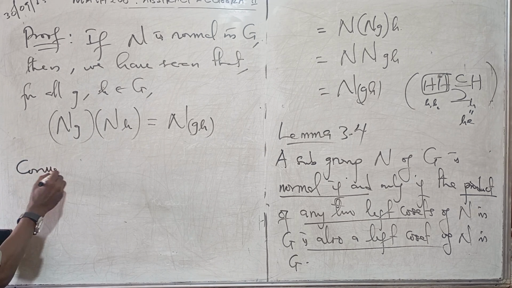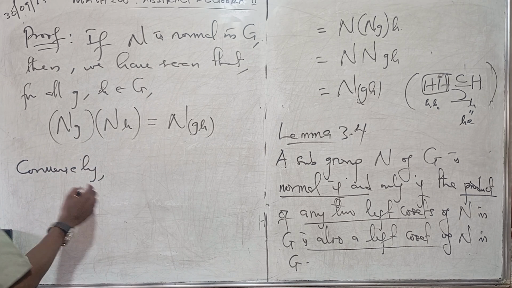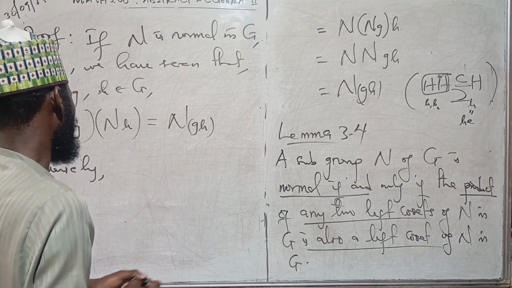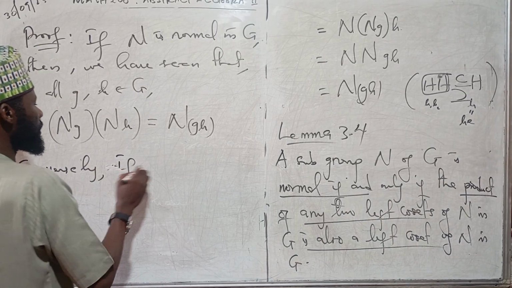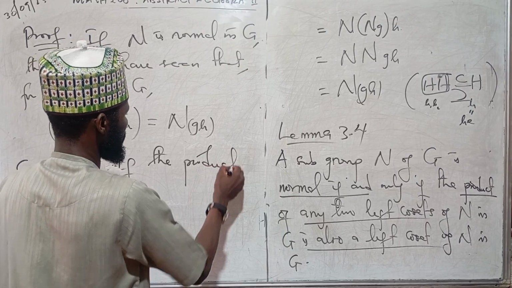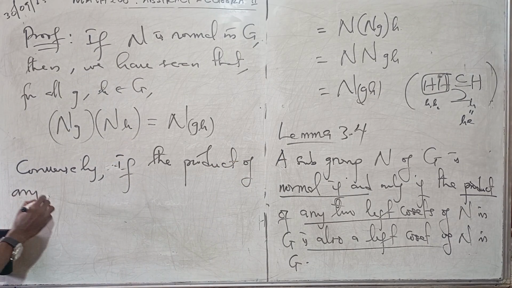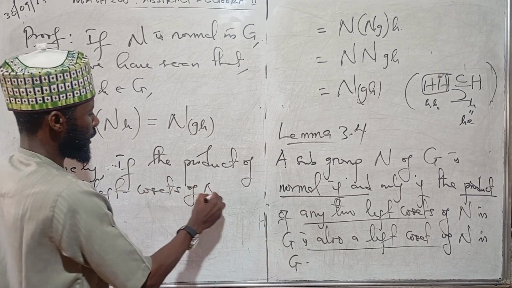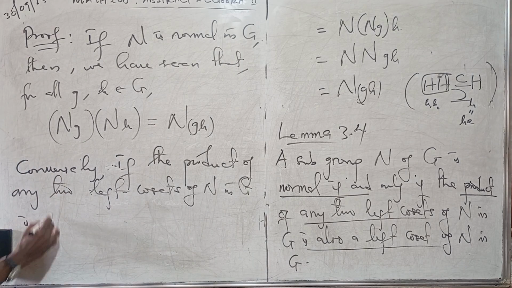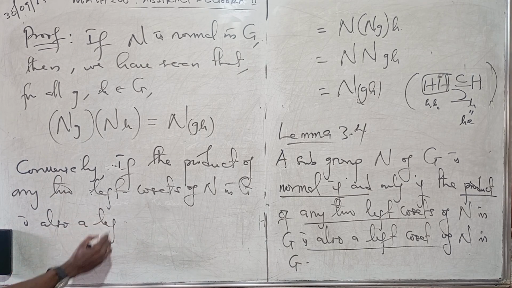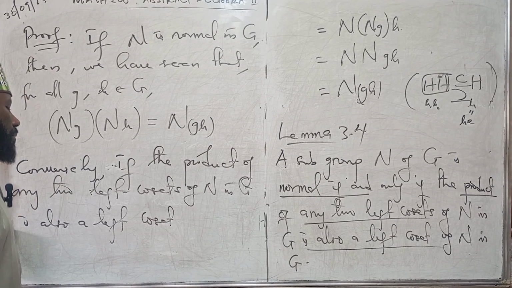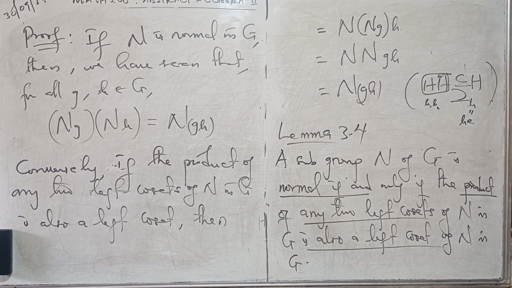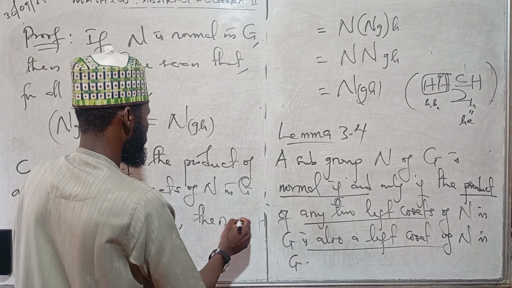Conversely, suppose the product of any two left cosets of N in G is also a left coset. What happens?